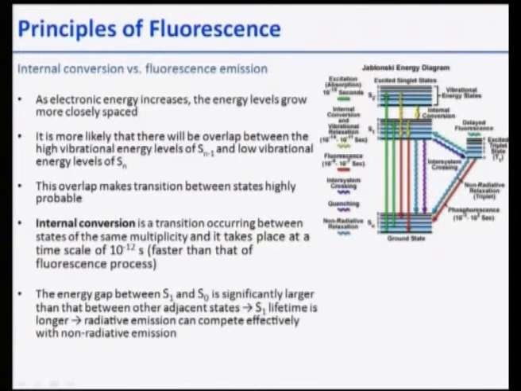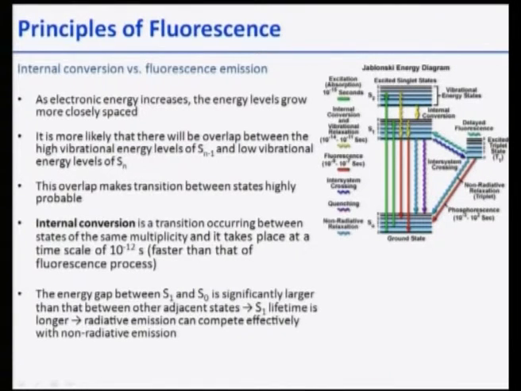Now, as I said, as the electronic energy increases, energy levels grow more closely packed. As you can see here, they are getting close. It is most likely that there will be overlap between the higher vibrational energy levels of S1 and S2, that is, these two are the excited states.